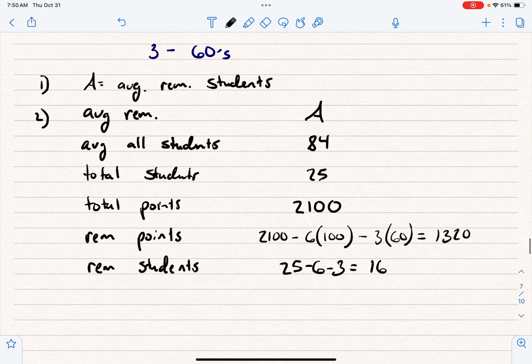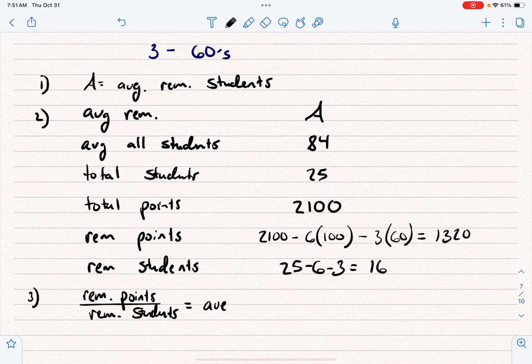Now all I have to do is set up the model, and that would be the remaining points divided by the remaining students is going to give me the average. Then let's switch that over to numbers and solve. Remaining points, 1,320. Remaining students, 16, which is then going to equal A, my average.